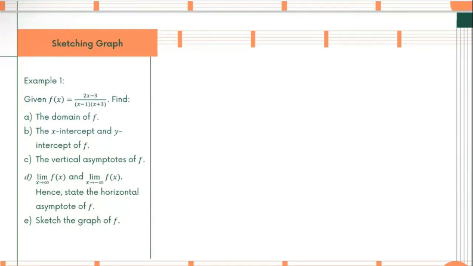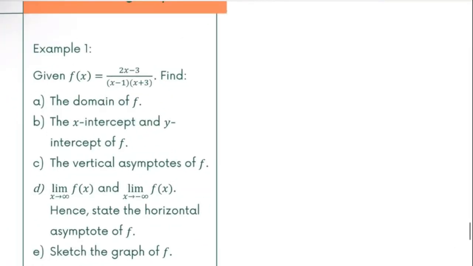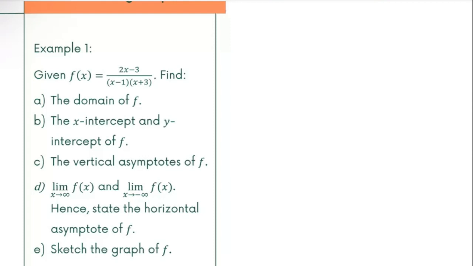Okay, now kita mulakan dengan example yang pertama di mana dia guide kita beberapa step. Okay, first of all, the question is asking for the domain. So macam mana nak cari domain untuk this function? So ini back to chapter 5. Okay, domain dia, kalau ada reciprocal, kan, atas ini dia adalah linear form kan.